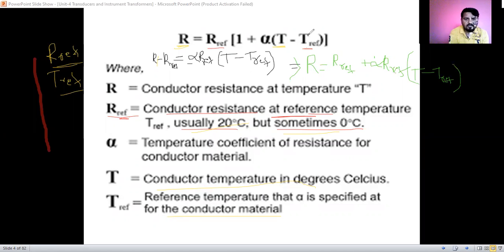See here, which is the common term here? Here also R reference is there. Here also R reference is there.